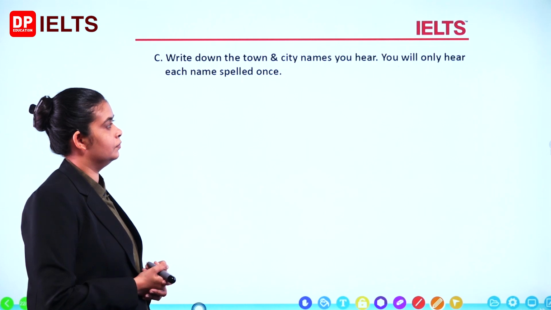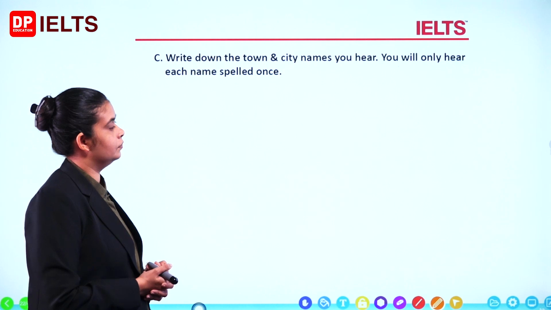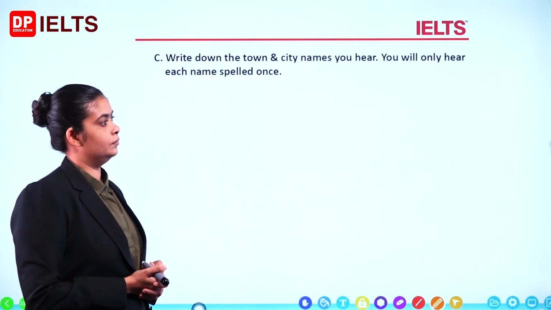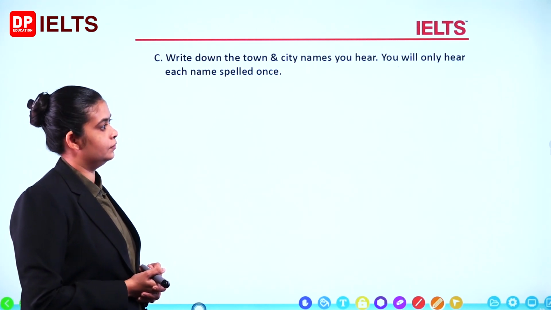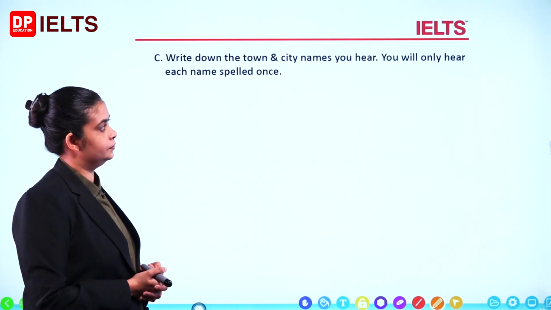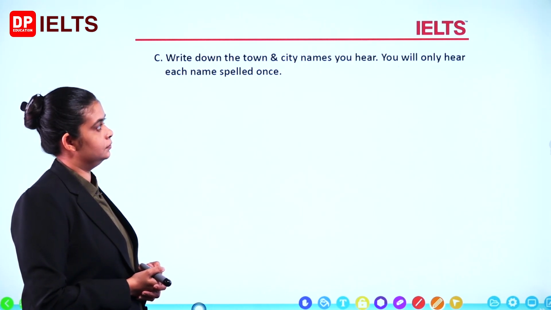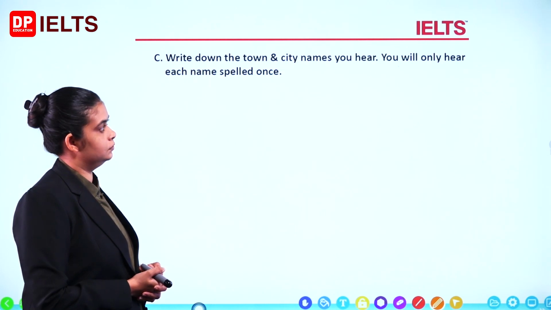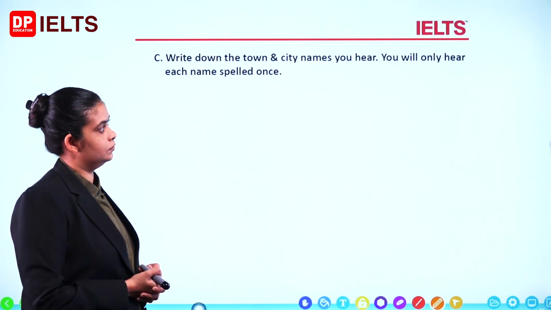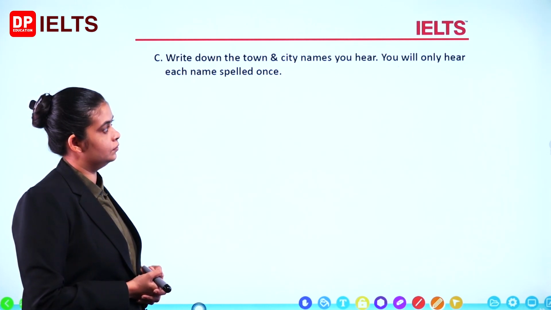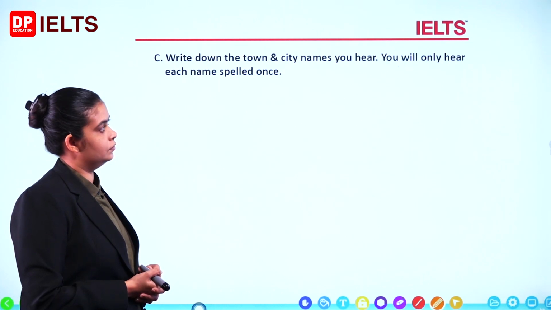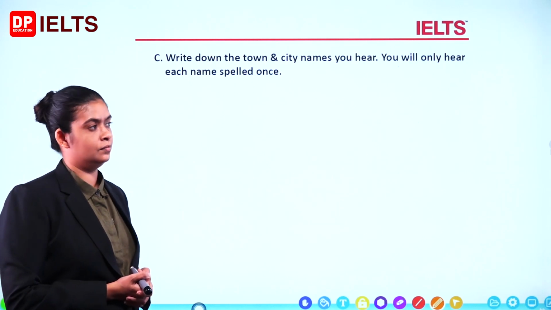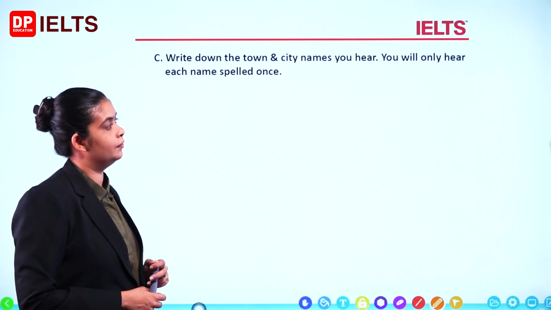Number 13, Painswick. P-A-I-N-S-W-I-C-K. Number 14, Rochdale. R-O-C-H-D-A-L-E. Number 15, Sawbridgeworth. S-A-W-B-R-I-D-G-E-W-O-R-T-H.